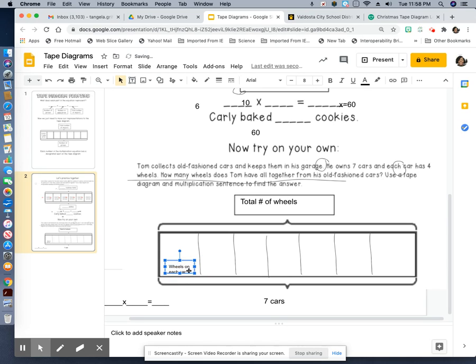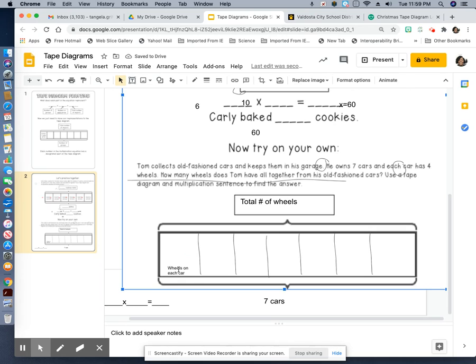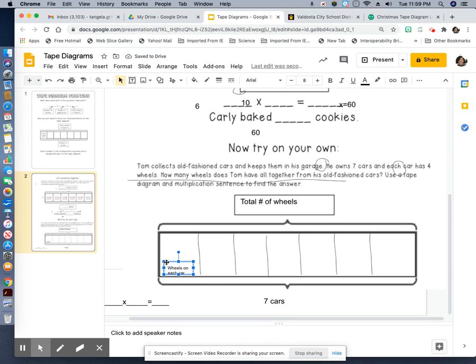Okay, wheels on each car. We have that. So let's copy it. It looks like it doesn't want to copy for me. Control C. Oh, there we go.